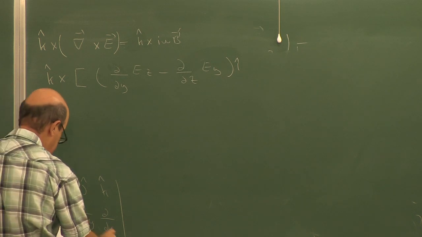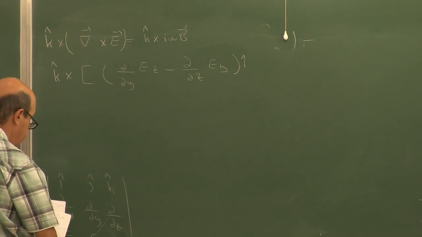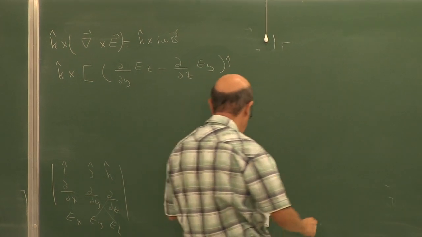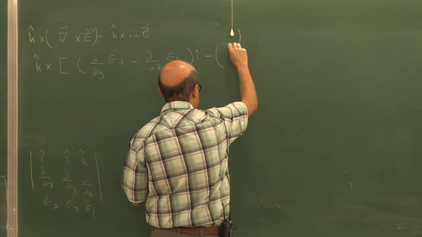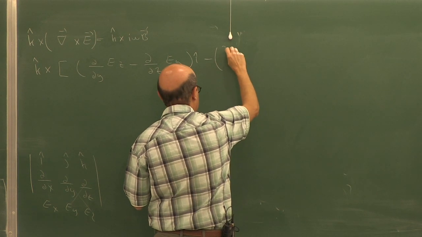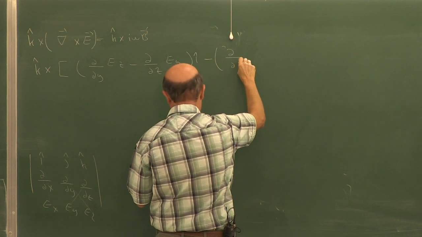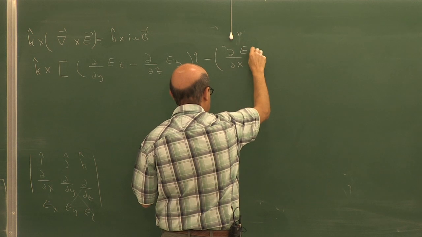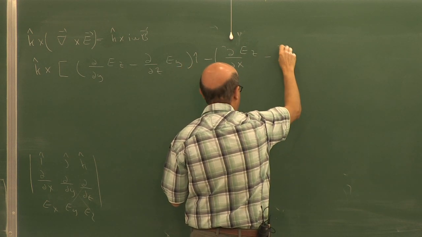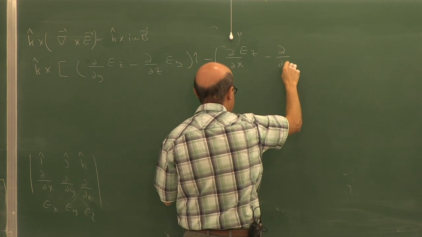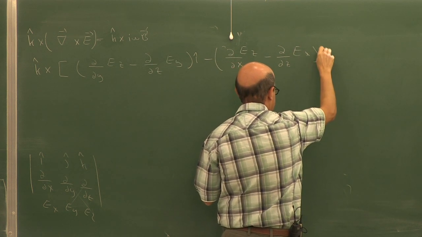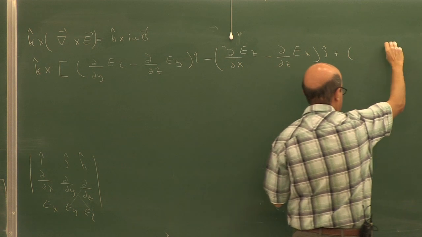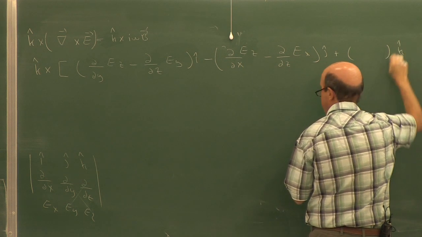So this was the i component. For the j component, del over del x Ez minus del over del z Ex. This is for the j component, and some terms for the k component.